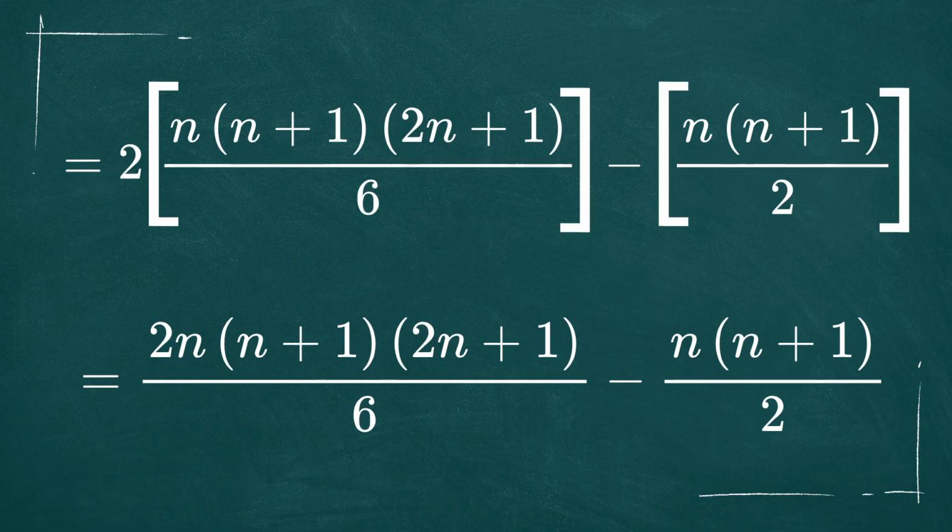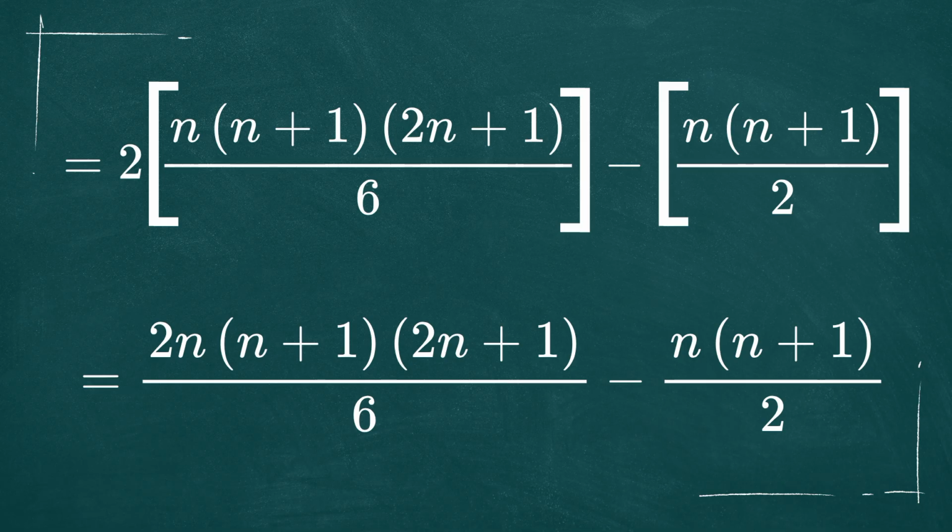And for m, we will use the formula for the sum of the first n natural numbers, which is n times (n plus 1) all over 2.